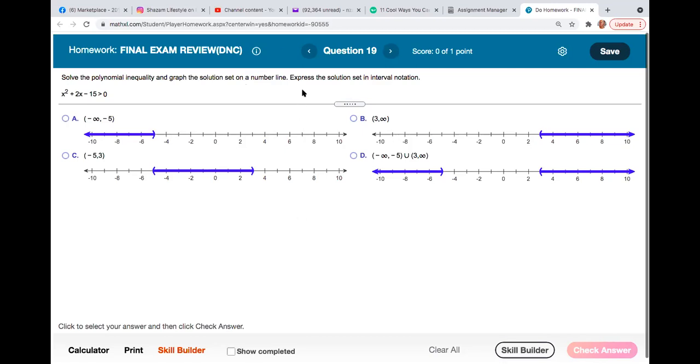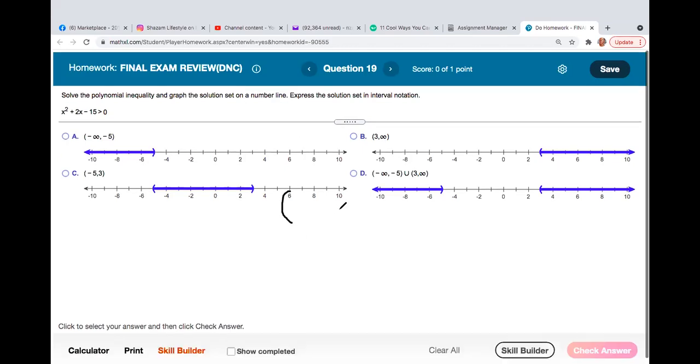It's already isolated. Since the polynomial is already isolated, you're going to factor. By the way, I don't even have to do all of this, guys, because I already see the boundary values, the critical values on there, but I'm just going to do it so you guys can see.